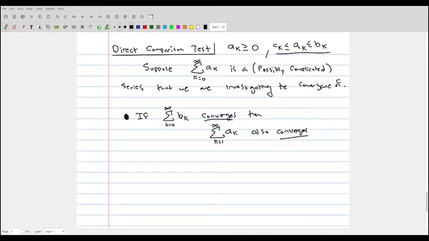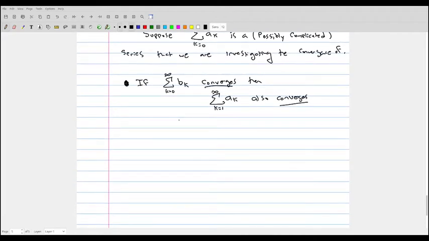And that's from this inequality right here. It's basically saying that if you have a whole bunch of positive values and bk's are always greater than or equal to the ak's, and the top sum converges, the things that are greater than ak converge, if you add them all together, then the sum of the ak's also has to converge.